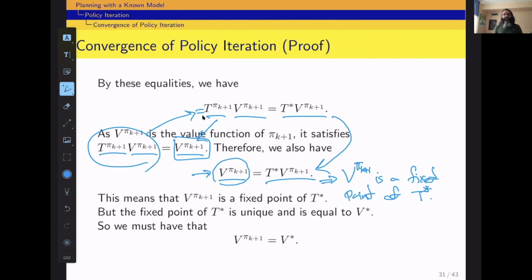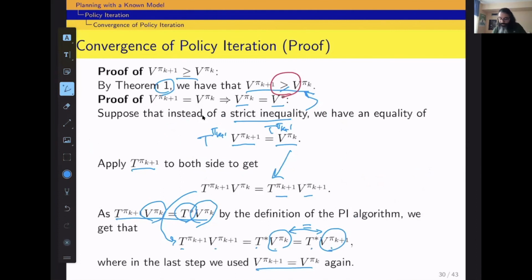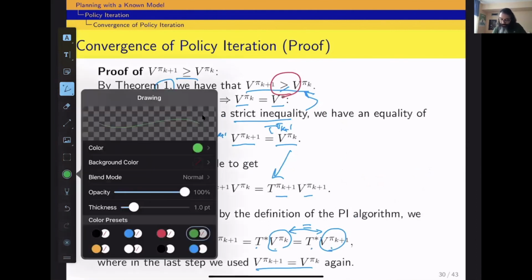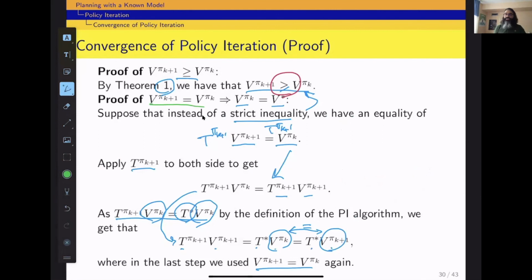But then the Bellman optimality operator only has one fixed point, and that fixed point is the optimal value function, V star. So this means that V pi k plus 1 should be equal to V star, the optimal value function. Basically, we started from the point that two value functions in two consecutive iterations are the same, and we get to the point that value function should already be the optimal value function.